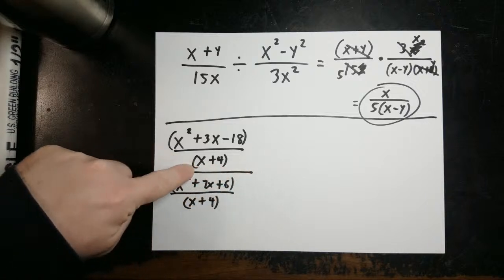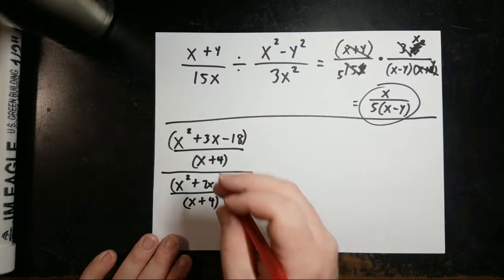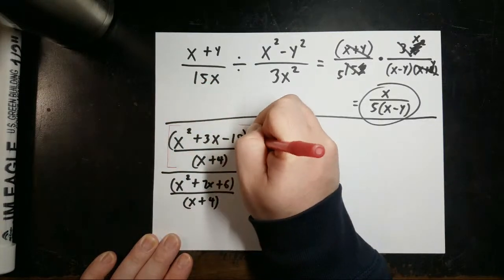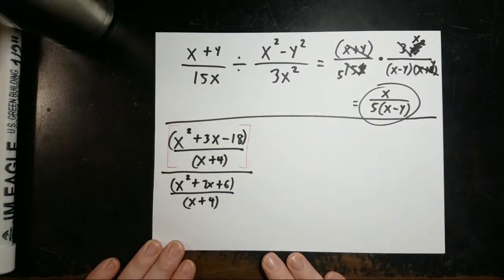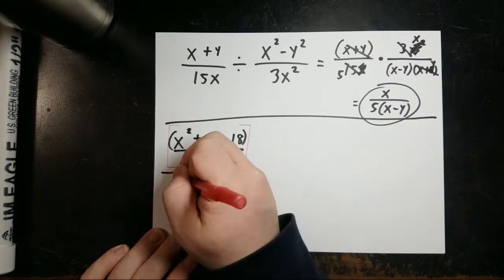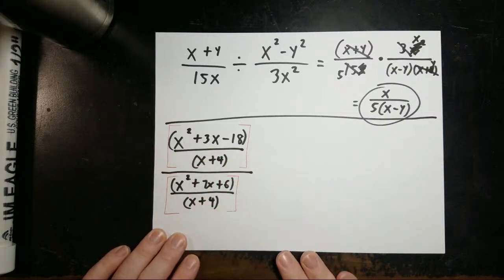This larger division bar in the middle separates the whole problem. And what ends up happening, and I'm writing this in red so you can see it, is this problem is really saying this large fraction divided by this large fraction.